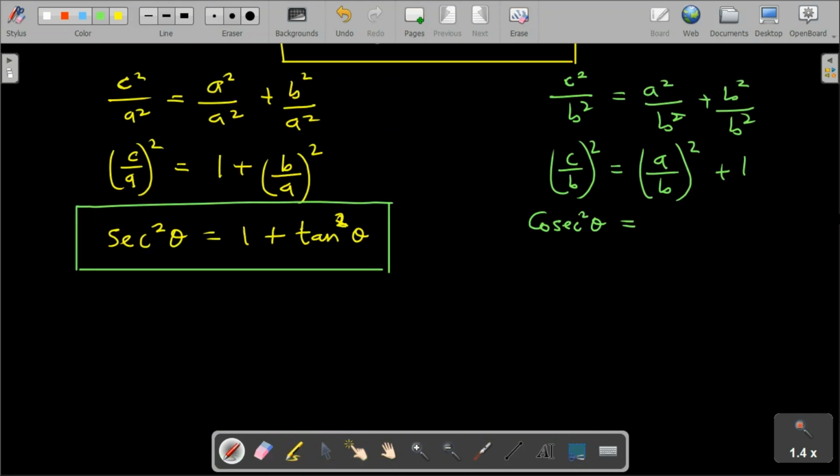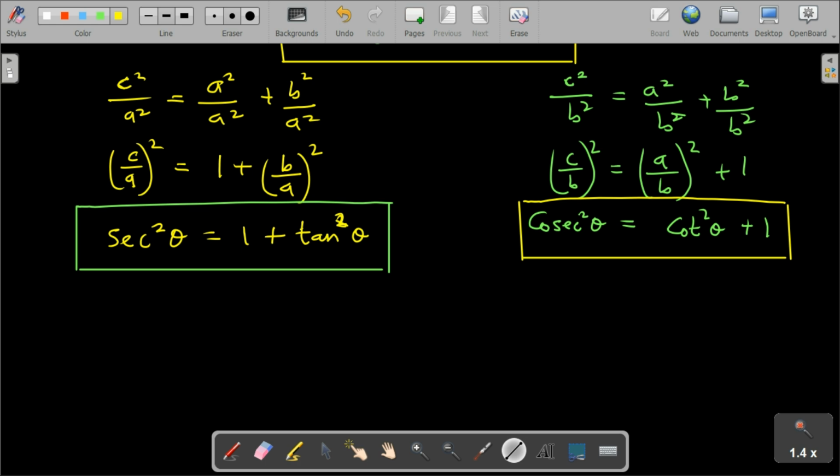So what we have here is what? Cot square theta plus 1. So this is another identity that can be obtained by a combination of the trigonometric ratio and the Pythagoras rule.